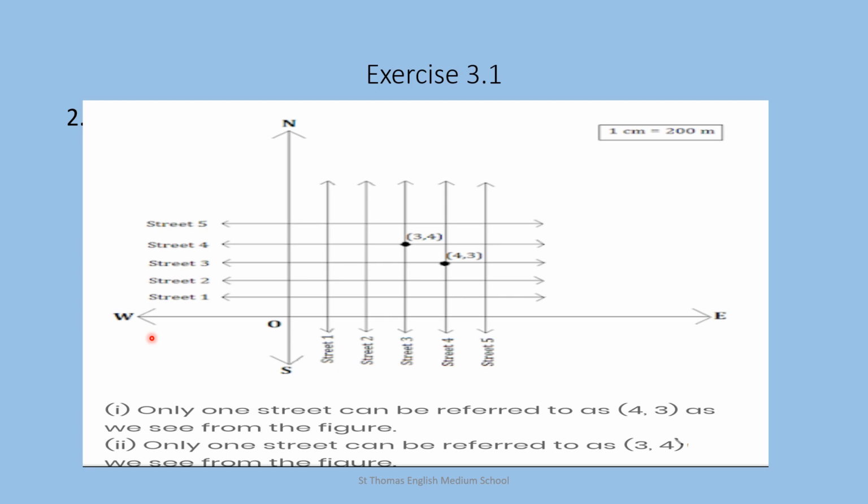All the other streets of the city are parallel to these roads and are 200 meters apart. There are 5 streets in each direction. Using 1 centimeter equal to 200 meter, draw a model of the city on your notebook. Represent the roads or streets by single lines.